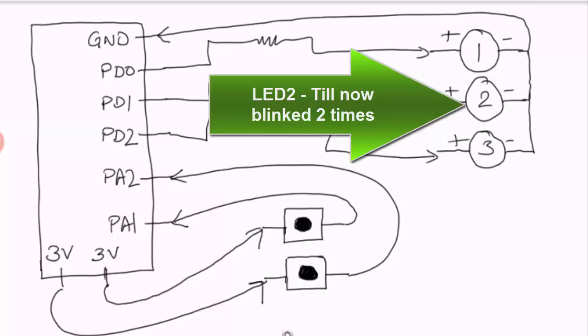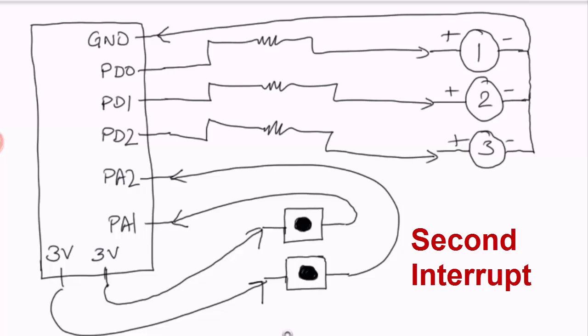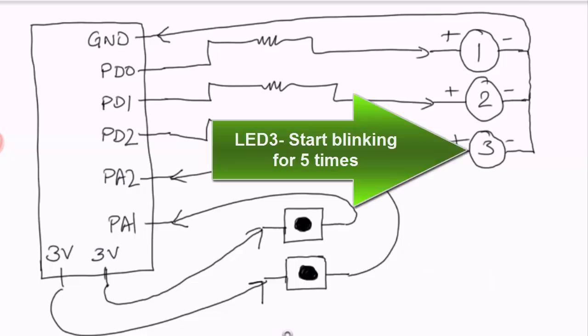Let's say LED2 blinked 2 times and we press the second switch. The microcontroller will hold the execution here and blink LED3 5 times. That's because the switch 2 interrupt has higher priority than switch 1. Hence LED3 will blink 5 times.